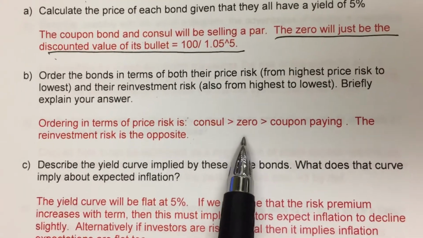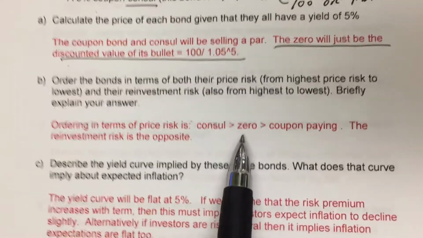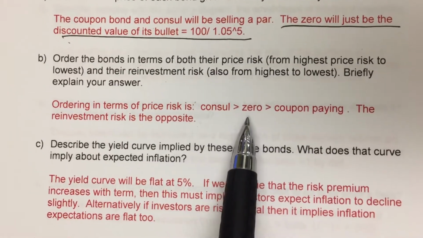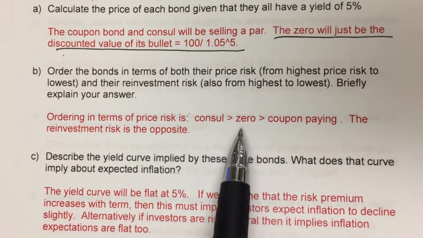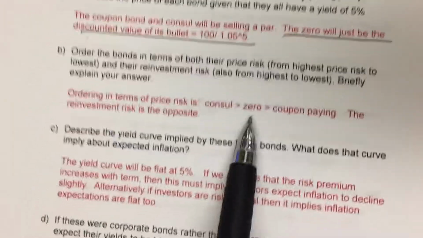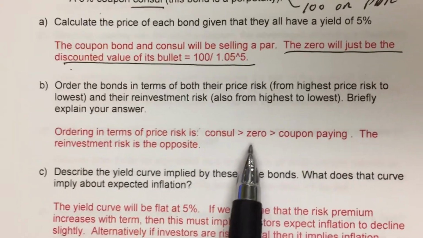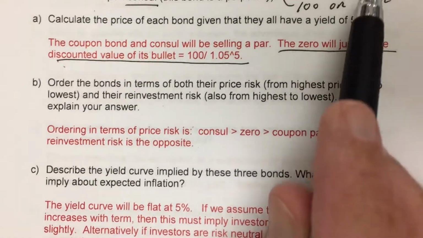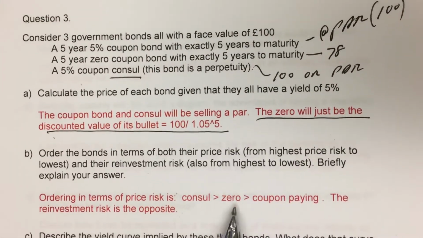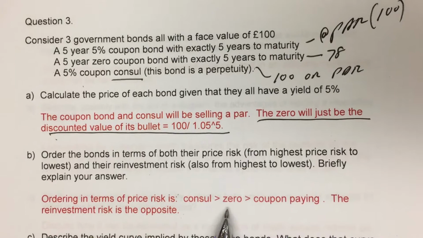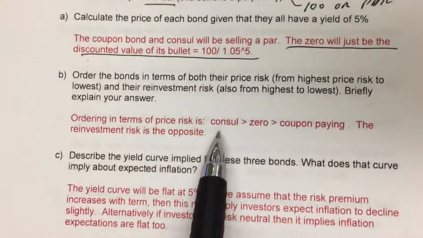The zero coupon is also fixed, but could have a little bit of risk since it's going to be brought back from 100 to 78, but it won't have as much price risk as the Consul bond.